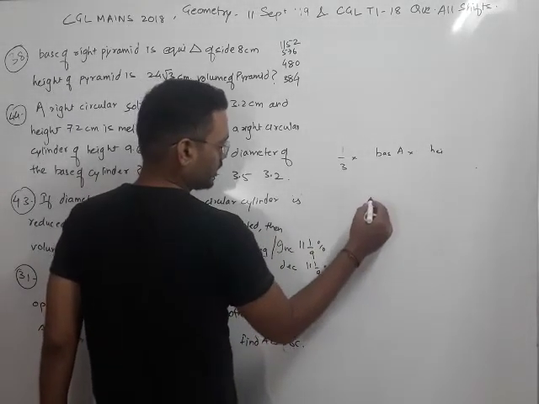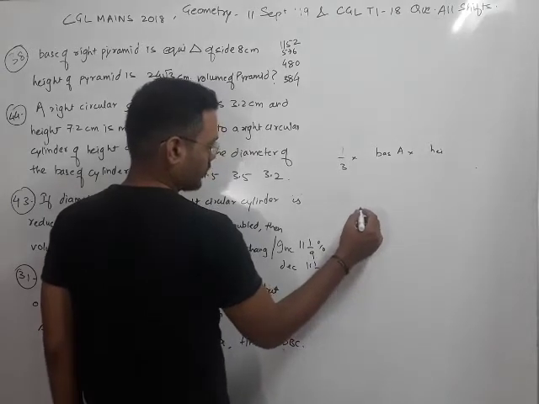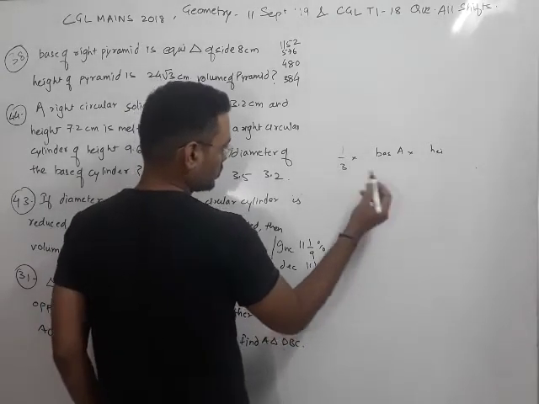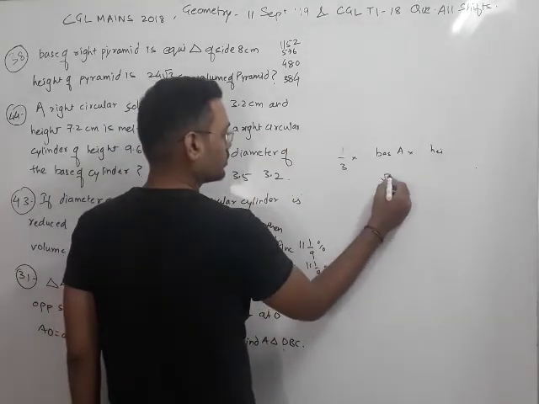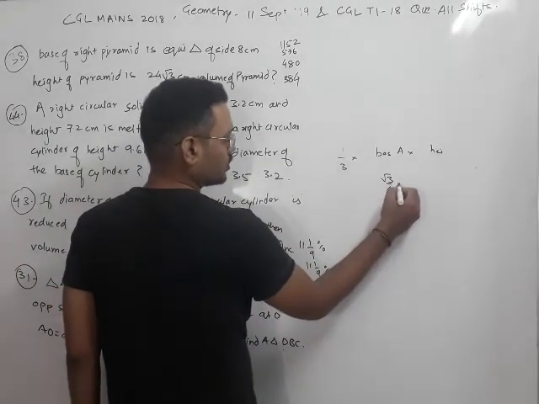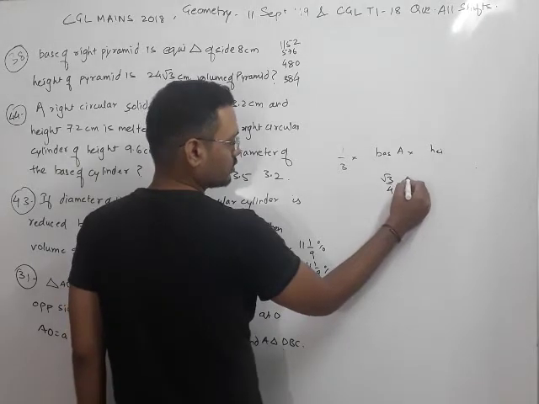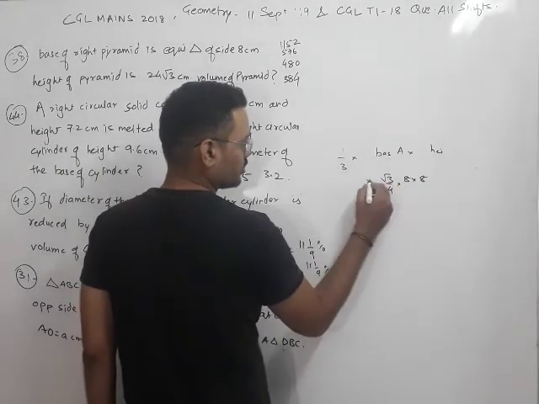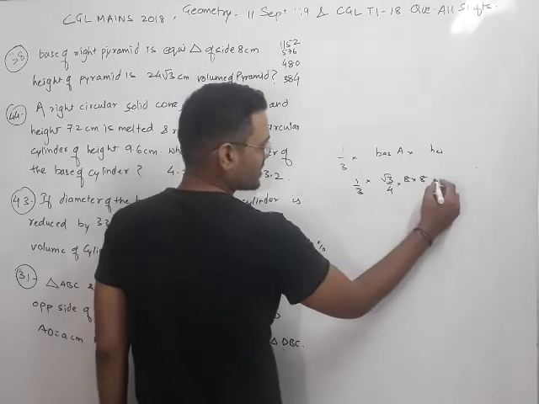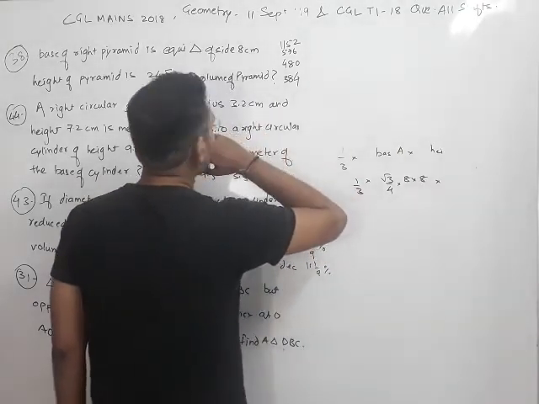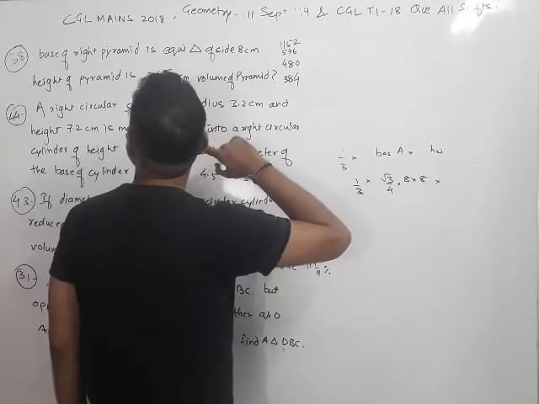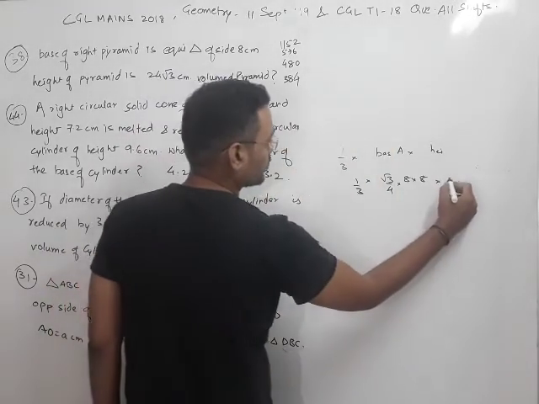For an equilateral triangle, I would always suggest, what is the area? If you remember, √3/4 into side square, 8 into 8, 1/3. What is the height given? 24√3.